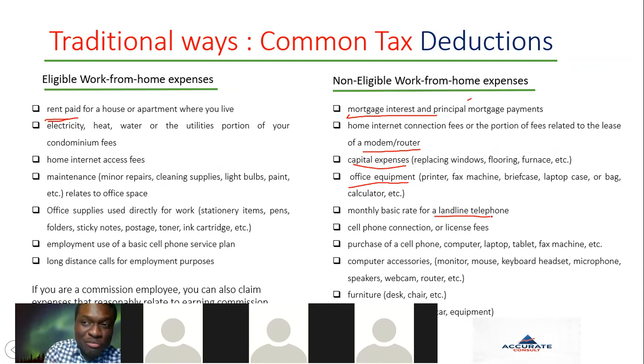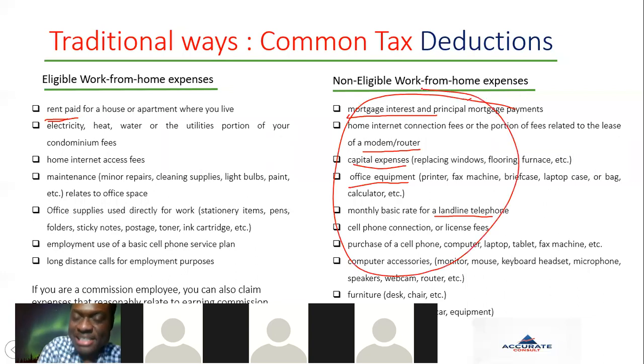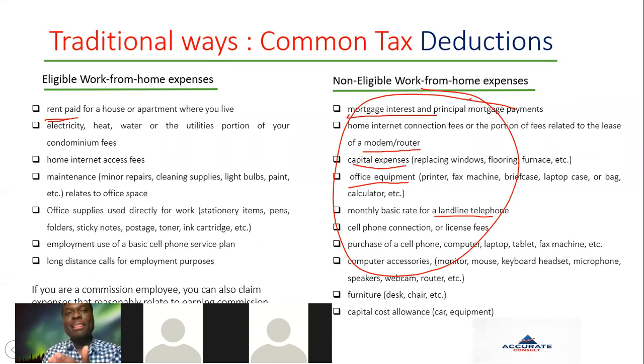To arrive at the net profit, I can include almost all these expenses, directly or indirectly. But because it's a sole proprietor business, the net profit will now be added to my salary income for my personal income taxes. That is clear for sole proprietor.